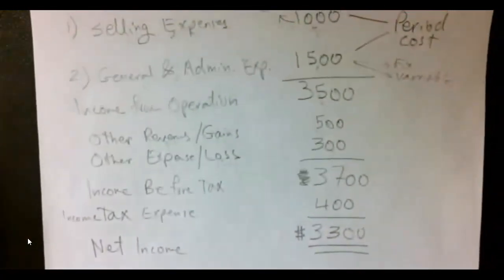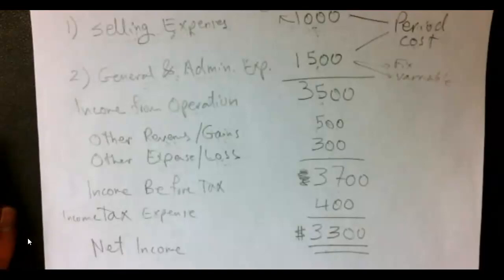Now, if you go a little bit lower, you will see that income from operation is 3,500, but we have other revenues and gains and other expenses and losses. You learned this in Accounting 101. So $500 for other revenue and gains, like interest income, gain on sale of equipment, loss on sale of equipment, interest expense. Those are other stuff that might happen.